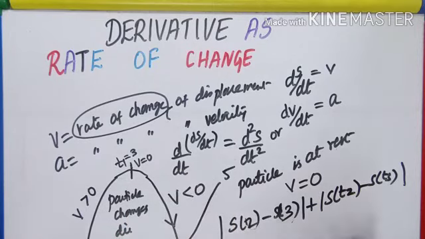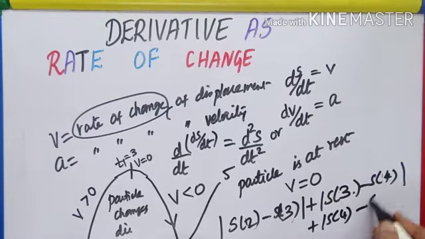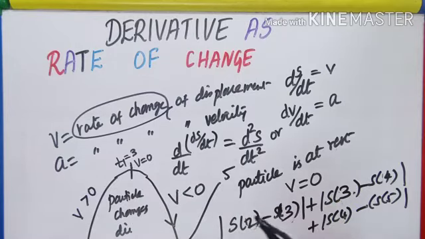S of 3 to S of 4, so we will say S of 3 minus S of 4. And finally S of 4 minus S of 5. So I want it from 2 to 5, in which I have 3 and 4 partitions: 2 to 3, 3 to 4 and then 4 to 5. In this way, we find out the distance covered from 2 seconds to 5 seconds.